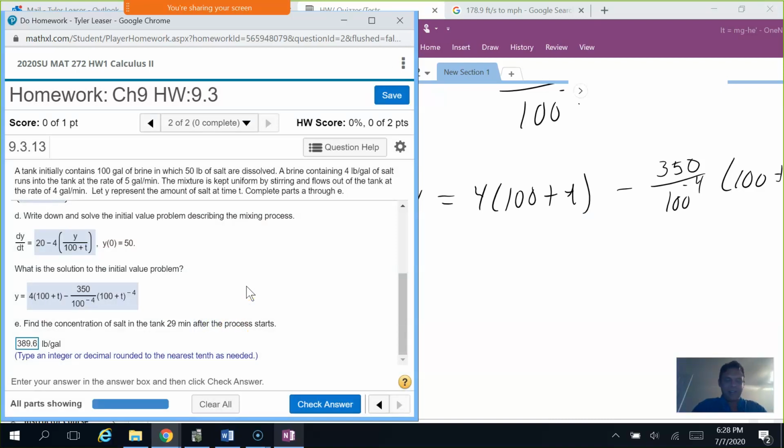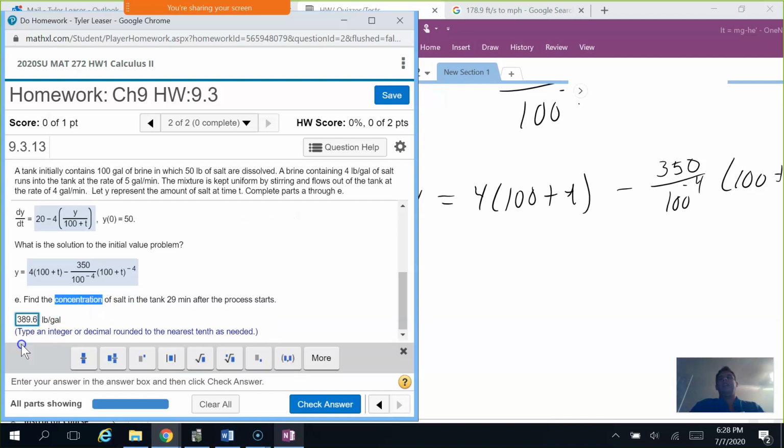Ah, crap. Man, I got so excited. Oh, I see. They're asking for the concentration. They're not asking for the actual pounds of salt. They want to know the pounds per gallon. This is the pounds that we just found, but the gallon is now changed. There was 100 gallons.